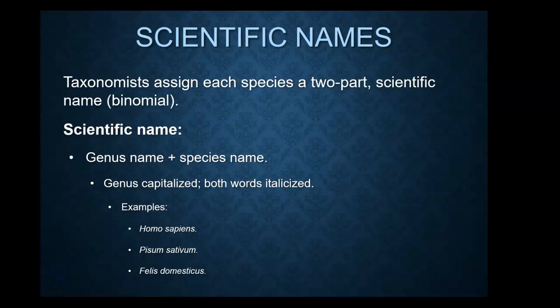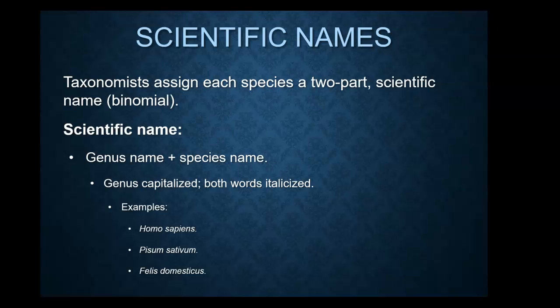Now, for scientific names, remember we said that Carolus Linnaeus was basically the father of taxonomy, who came up with this two-part naming system that's called binomial nomenclature. Binomial nomenclature uses two names, the genus name as well as the species name.